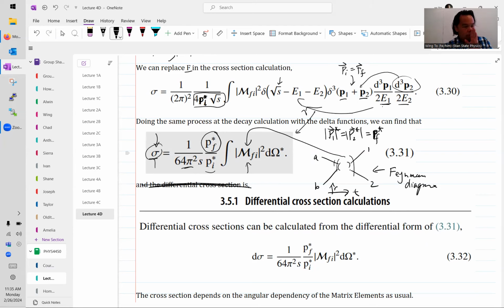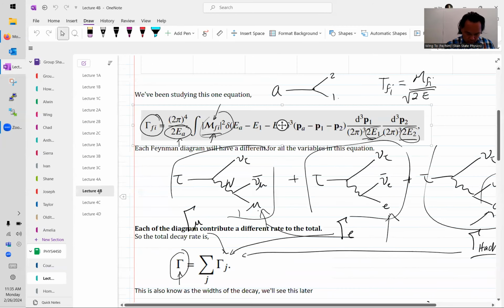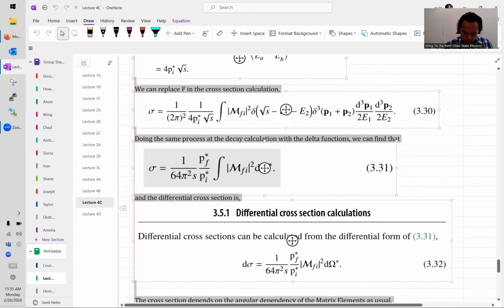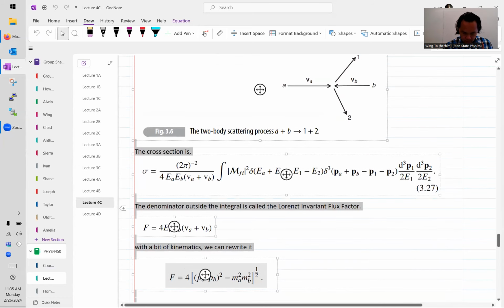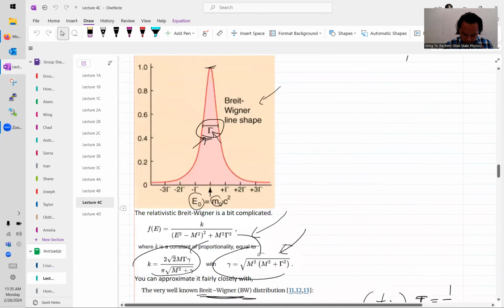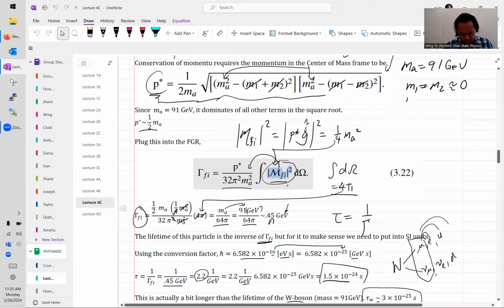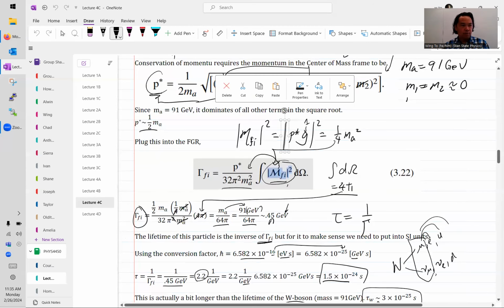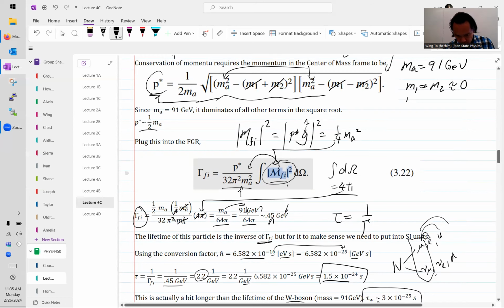But similar to what we did with the decay process last Friday, you could plug in some simple numbers in there and just calculate some values out of it, just like you would with this equation, where you assume MFI has no angular dependence, right? Remember this integral is actually just over the angle of the outgoing momenta. Okay.